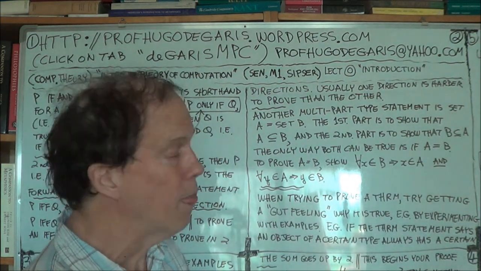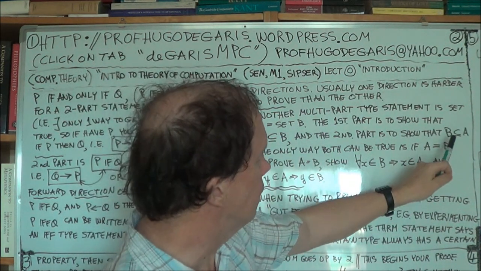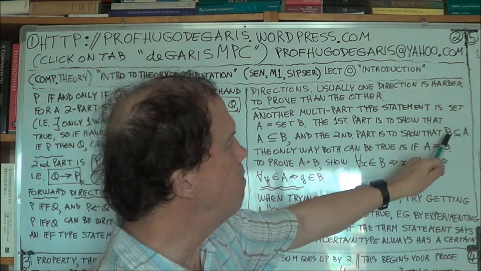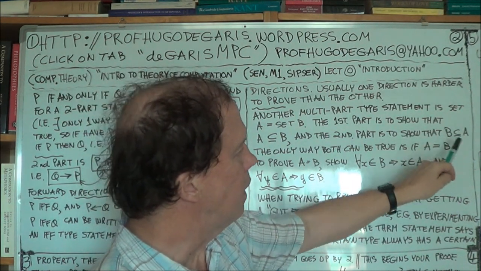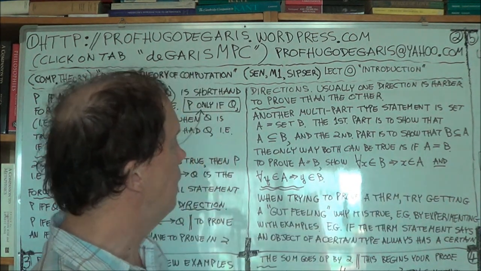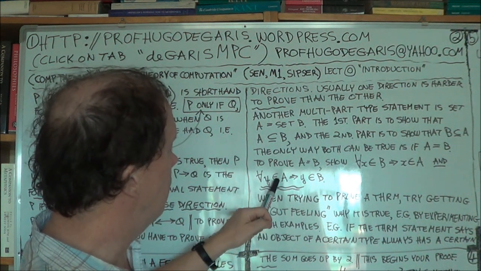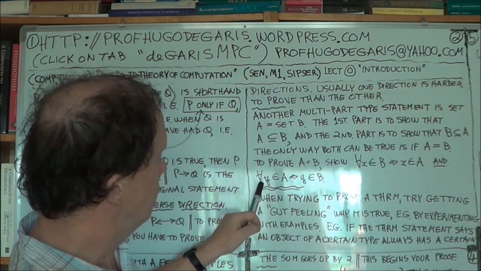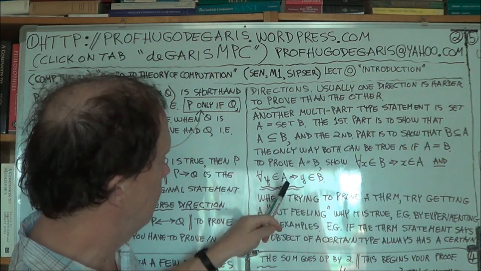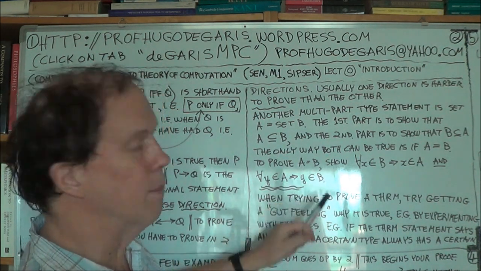Right? By definition. So to prove that B is a subset of A, you have to prove this. So for every member of B, that member will also be a member of A. Okay, that's this. Now the other way, prove that A is a subset of B, you have to show that every member of A, so for all y belonging to A, implies that y belongs to B. You have to show that each member of A belongs to B. Okay?